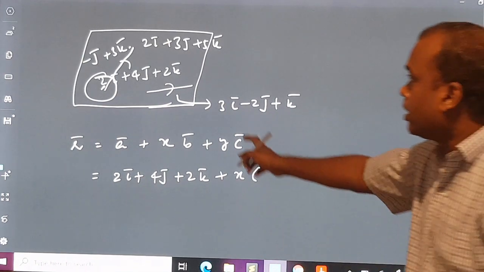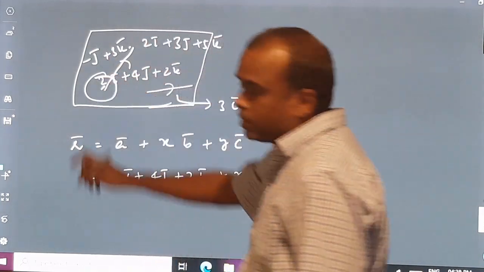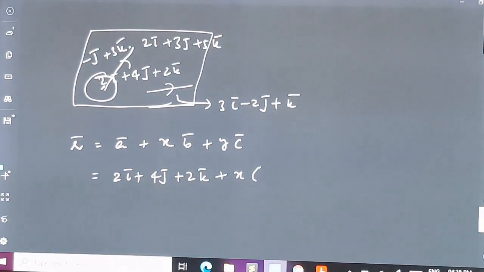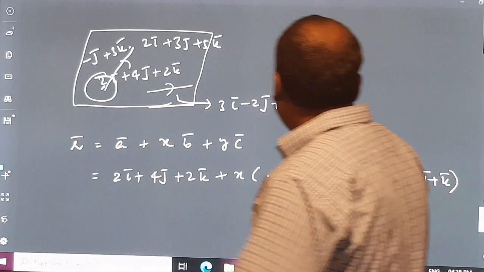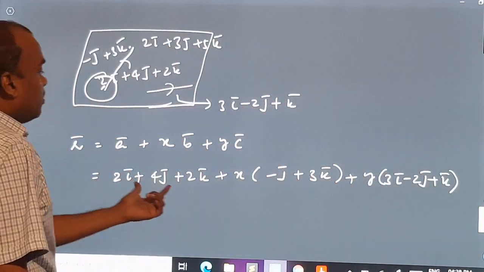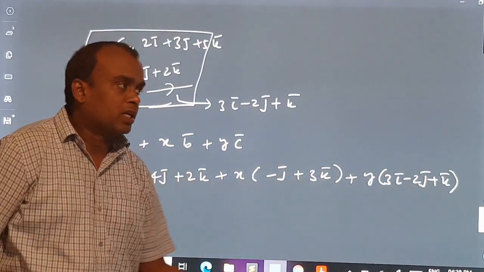Any vector you can take. We have two vectors. I am taking that vector, so that will be minus j bar plus 3k bar, plus y into the other vector 3i bar minus 2j bar plus k bar. So I have the plane equation passing through a point and parallel to two vectors.